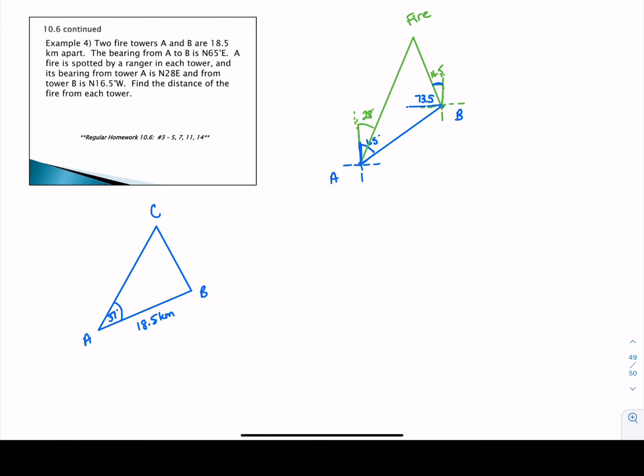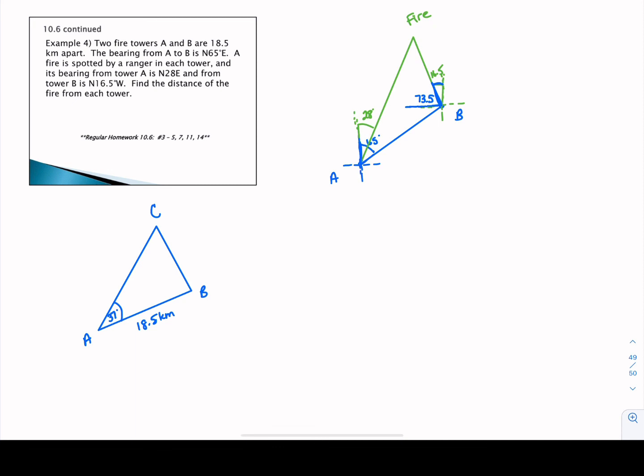So the wedge between that line of sight between the fire and, let's say, point B and the west line is 63.5 degrees. So I need to find out that other little segment in order to find that interior angle B. What we can do once again is use that notion of alternate interior angles.